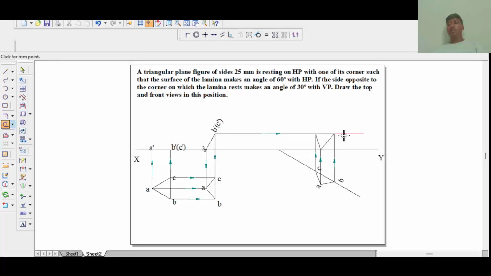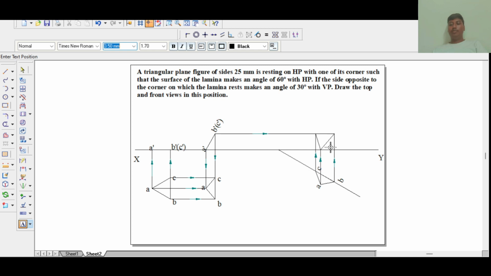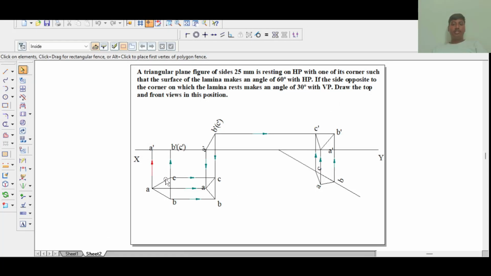And then trim the excess part, and then name the lamina in the top view. These are the solutions for both the questions.